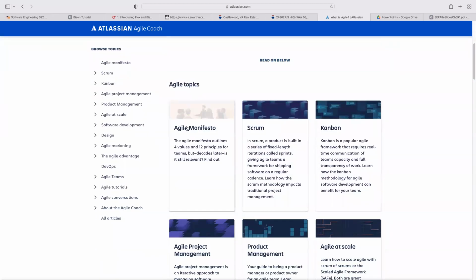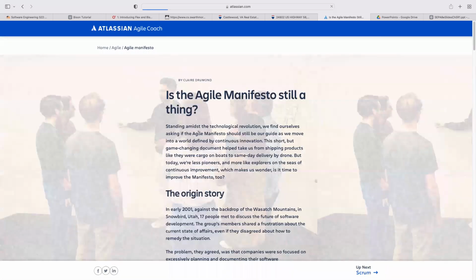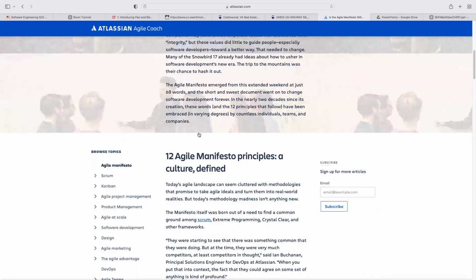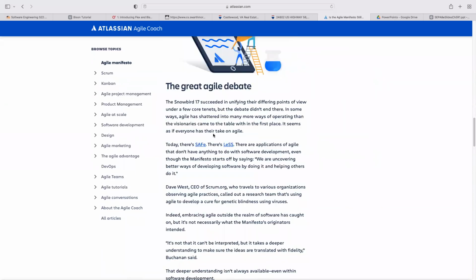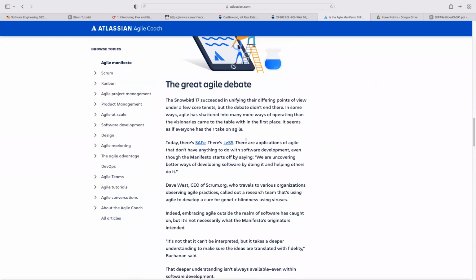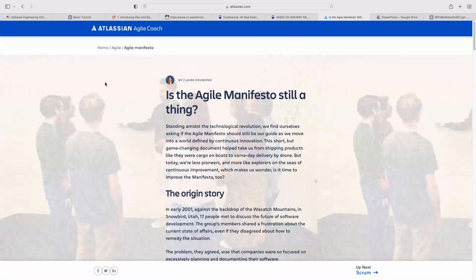It goes through the Agile Manifesto, the origin stories, and different ways to look at it. This is different from our textbook, and it's certainly worth reading through for a better understanding. And when you hear me keep saying that Agile is important, it means Agile is important on the test. So these are things we need to be looking at for sure.